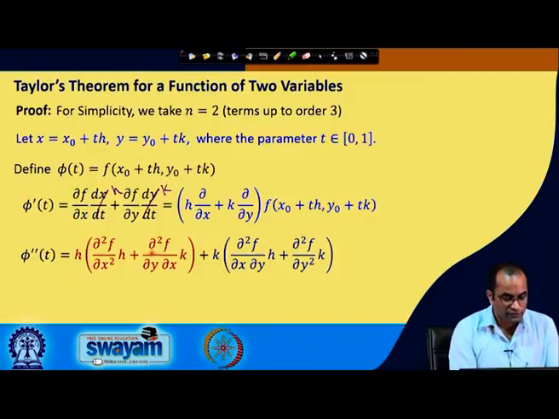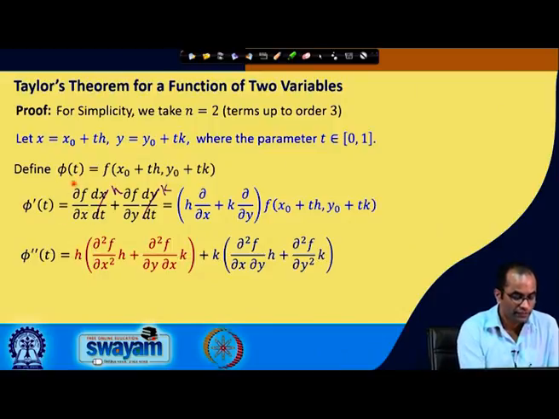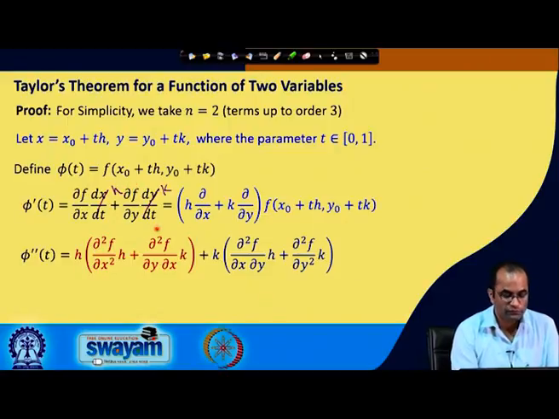Since it was already with respect to x, we have the second order partial derivative with respect to y and x, and then k will come because we have dy over dt again. So we have used this chain rule again for del f over del x, and similarly for del f over del y, which is the term given here.